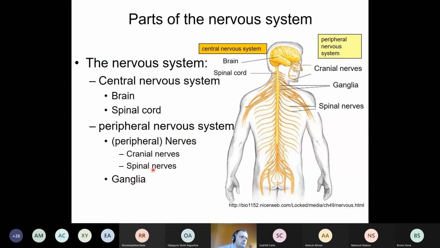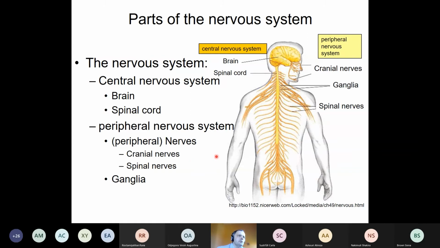The other thing I would like to introduce today is the ganglia, or ganglion. These are associated to nerves, and some of them are indicated in this scheme also. Next to the spinal nerves, at their dorsal root, you have the sensory ganglia, for instance. Also, some of the sensory ganglia are related to cranial nerves.